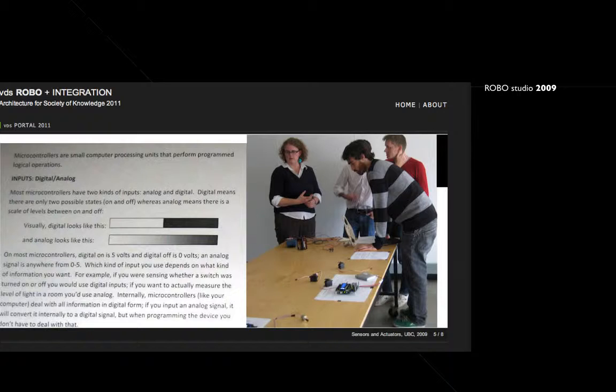We owned this lady in the picture, who was a mechatronics PhD student, and she explained to students the difference between digital and analog inputs when they were positioning those microcontrollers. I thought it was very good, because visually digital looks like this, black and white, on and off, and analog is just shades of gray. It's a beautiful, simple comparison, and I think the richness of analog compared to digital is quite evident in this duality of diagrams.